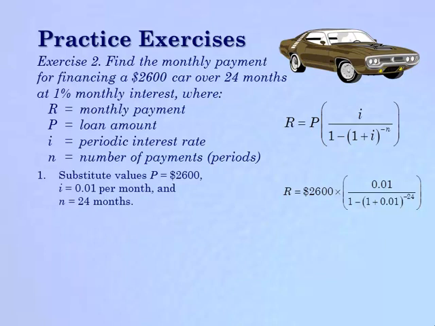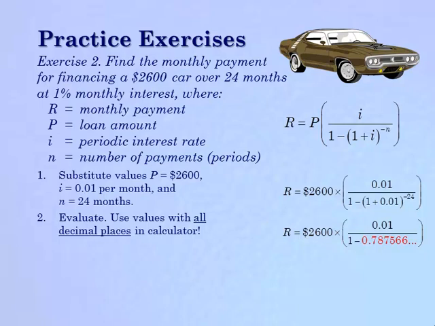We need to evaluate this with all the decimal places that we can get in our calculator because it's a very small number. So we're going to start by doing the 1 plus 0.01 to the negative 24. We end up with 0.787566, and we evaluate that expression in parentheses and multiply by 2,600.